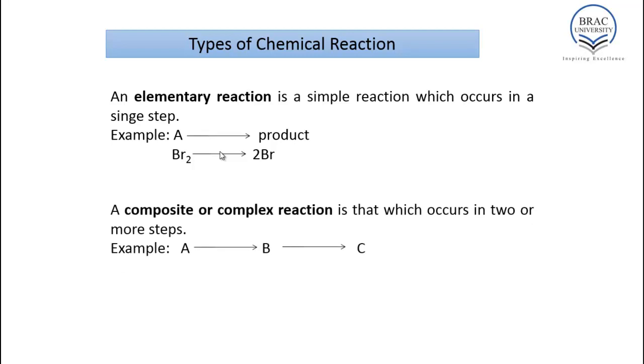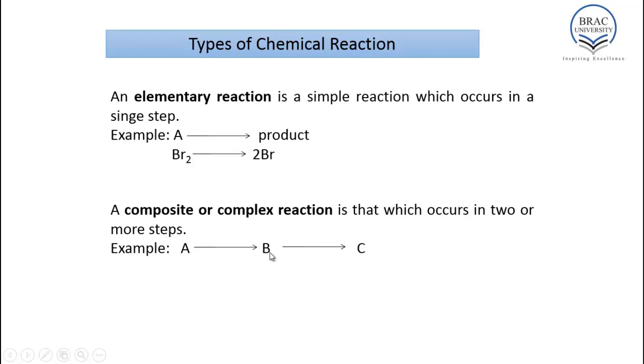What is a composite or complex reaction? A composite or complex reaction is one which occurs in two or multiple steps. Any chemical reaction that occurs in multiple steps is termed a composite or complex reaction. Here A is converted into B and B is converted into C. A is a reactant and C is the product.